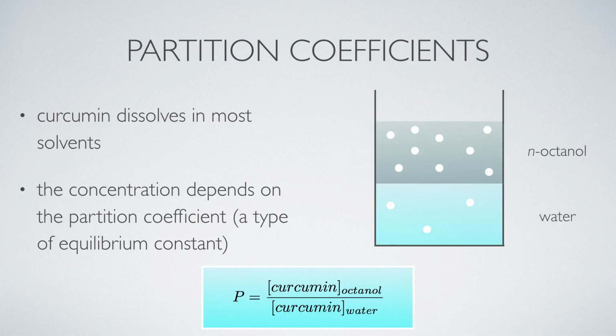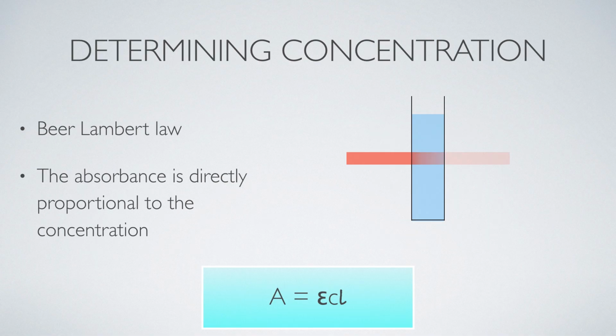So I have a different amount of curcumin in one layer than in the other layer. And I can measure the concentration of curcumin in each layer. Now, to do this in this experiment, we're using something called the Beer-Lambert law. And the Beer-Lambert law makes the most of the fact that curcumin is coloured, it's yellow.